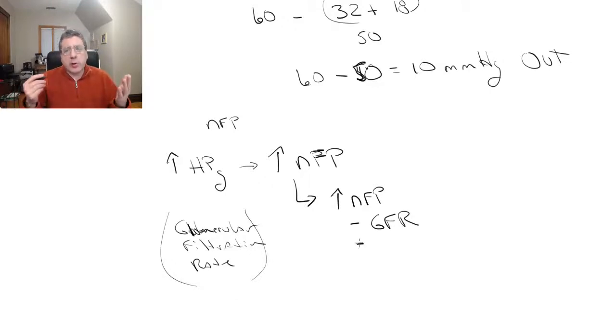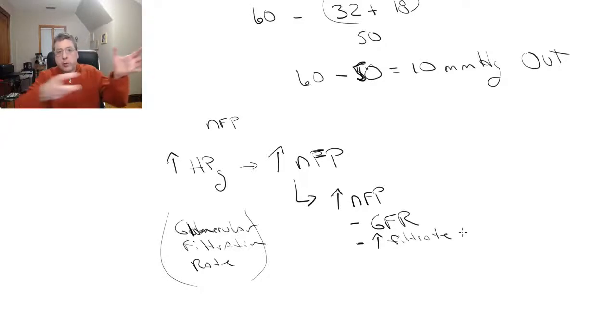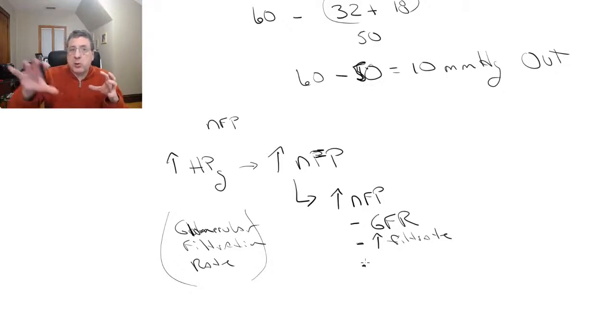The other thing is that this increases the amount of filtrate that's formed. So if you increase the pressure, that's going to cause more filtrate to be formed. If you cause more filtrate to be formed, that means the fluid that goes into the tubules, remember proximal convoluted tubule, nephron loop, distal convoluted tubule, the more filtrate you have coming out of the glomerulus, the faster that filtrate moves through the tubes.